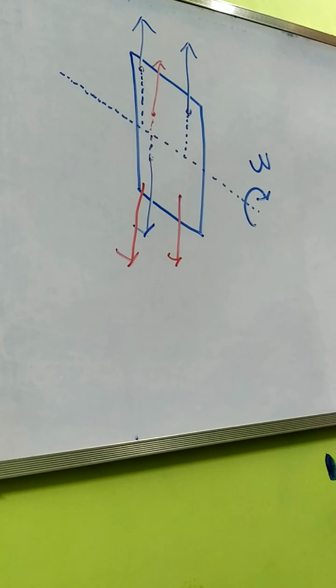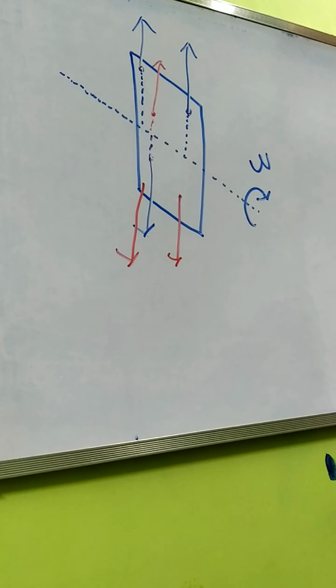Now if I pull it from both sides, I see that I can't rotate it. Similarly, for this point and this point, if I pull it in opposite directions, I see that I can't rotate it. Well, this is the first case.